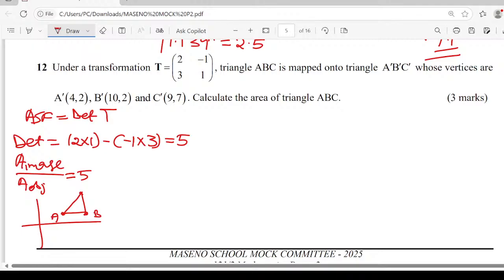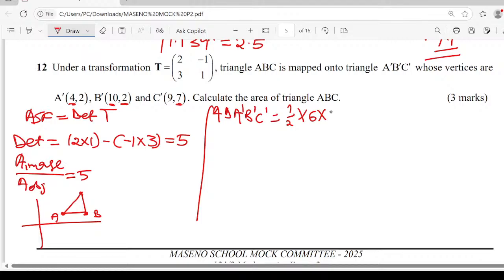How are we going to approach that question? Let's first get the area of triangle A prime, B prime, C prime. This is now going to be a half times the base, 4 and 10. The difference in the base there should be 6. Then times your height. Y1 is 2, then the other one is 7.